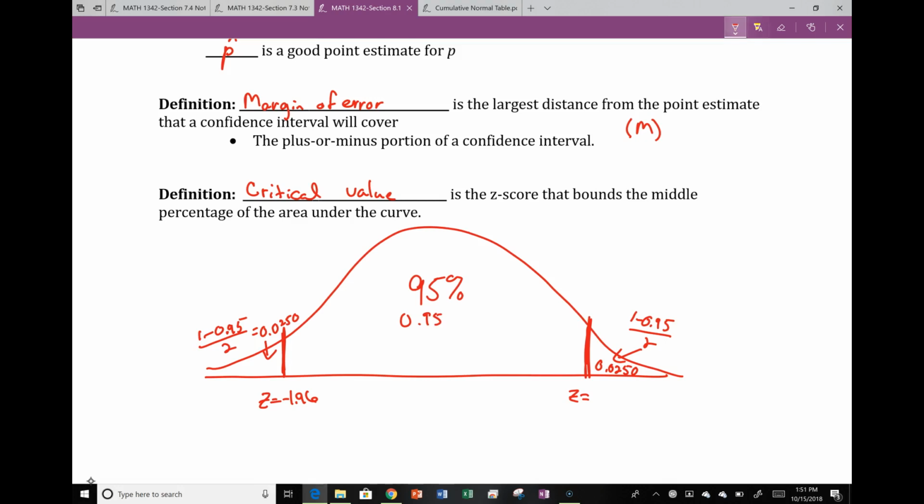If I take 0.95 plus this portion, a 0.0250, and if I add these together, I get 0.9750. That is everything to the left here.